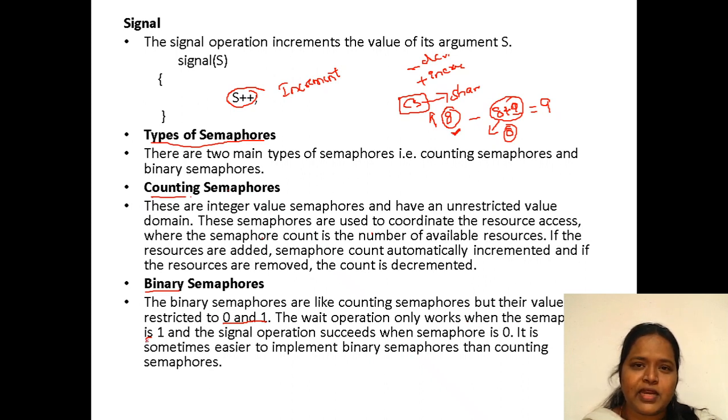If it is 0 and we decrement by 1, it is going to be a minus value. That is not the case in the wait operation. Only a positive value should come. If it is 0 or a negative value, it doesn't do any sort of operation, as we have discussed in the first initial discussion. Fine.